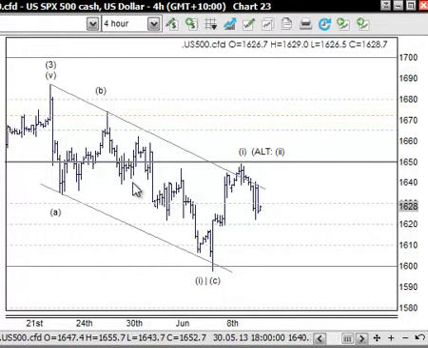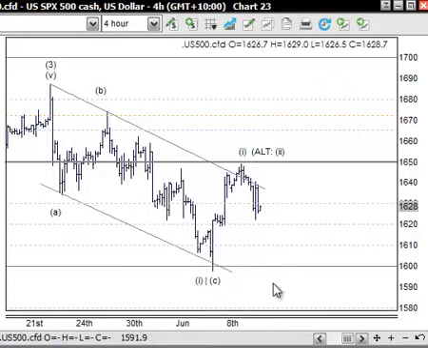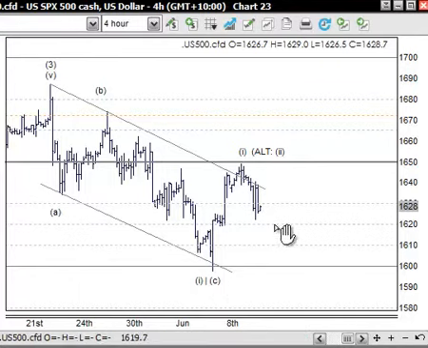So it really puts a bit of a spanner in the works there. So that would actually make this move down through here a wave 1 in terms of a diagonal triangle as a wave 1. So we need to be mindful that we could still have that in play, and the 1620 as a retested resistance would help support that further downside.